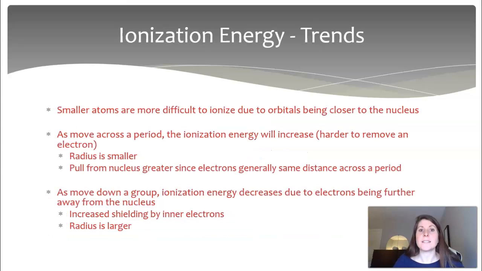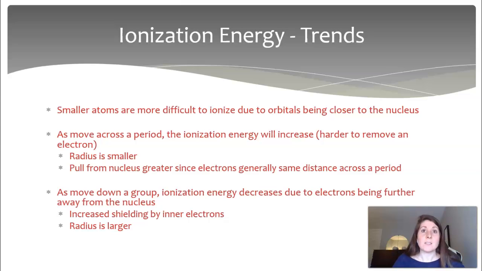When we look at trends, we think in general smaller atoms are going to be more difficult to ionize because the orbitals are closer to the nucleus. So there's an attraction between the protons and electrons. So it's going to be generally harder to remove that. As you move across the period, the ionization energy will increase, meaning that it's harder to remove that electron.